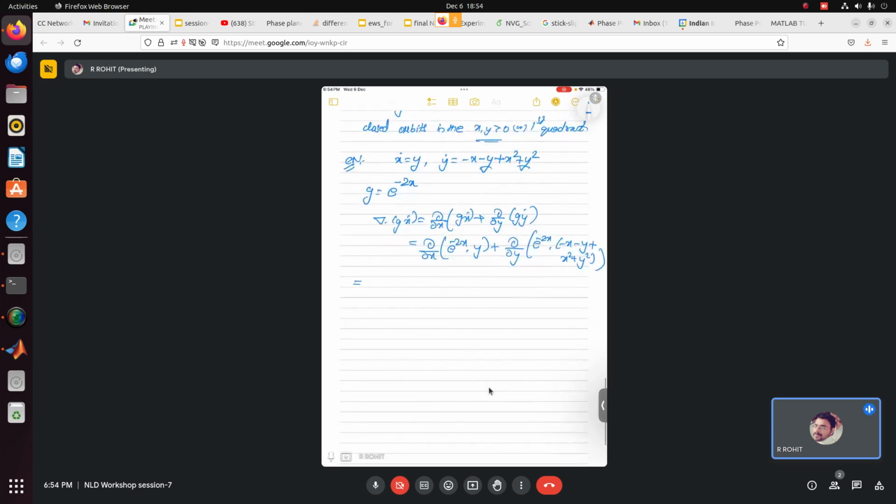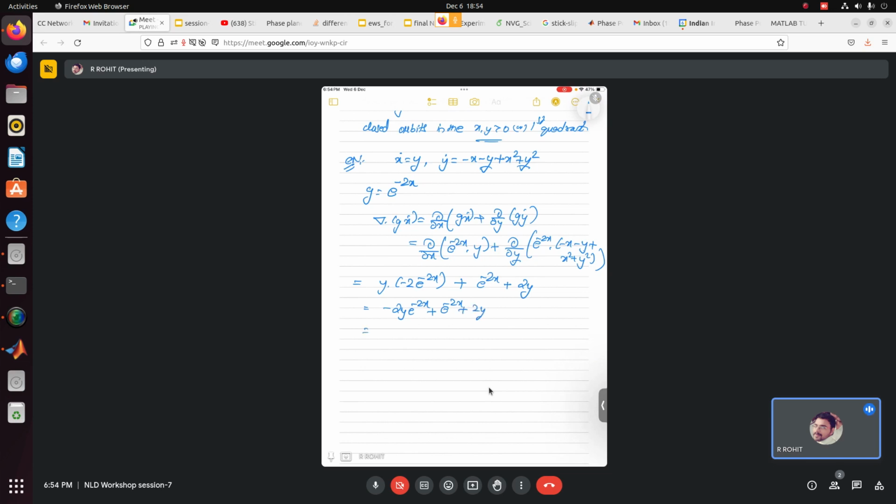So this finally results in, since y is constant, minus 2 times e to the power minus 2x times y, plus for the second term, x remains constant, so e to the power minus 2x is taken out, plus ∂/∂y of y square, which is nothing but 2y. So now you are left with minus 2y e to the power minus 2x plus e to the power minus 2x times (minus 1 plus 2y).